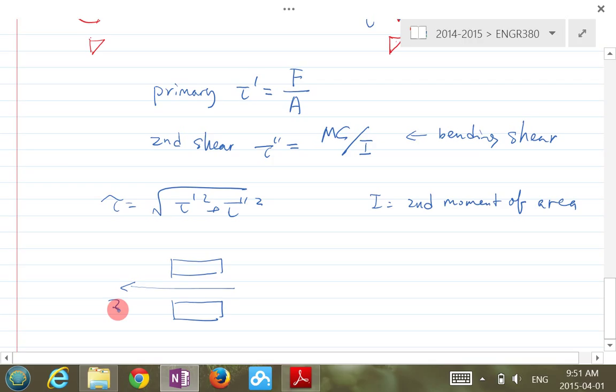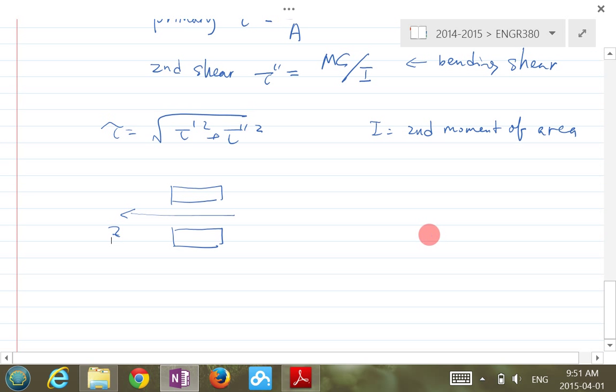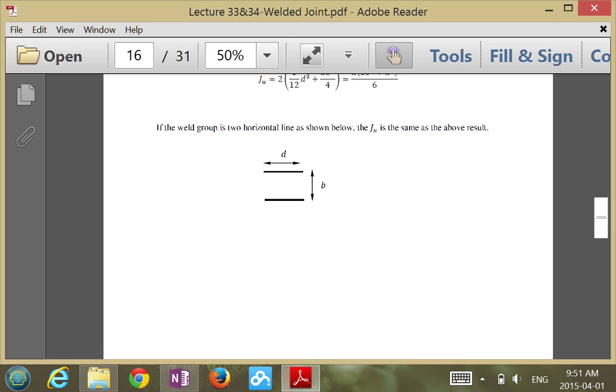You can use a mathematical formula to calculate this, but we're going to use Table 9-2 to calculate this I. So let me show you what 9-2 is for.